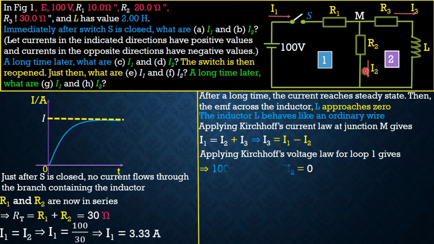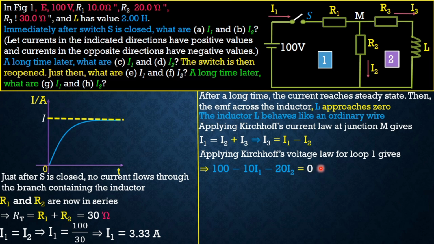So we are going to have 100 minus, keep in mind that potential difference from Ohm's law is current times resistance. The resistance of R1 is 10.0, so we have 10 I1. The current flowing here is I2, and the resistance of R2 is 20.0. So we have minus 20 I2 equal to 0.